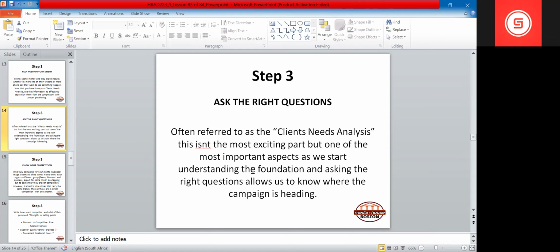So anyway, often referred to as the client's needs analysis, it isn't the most exciting part, as I said before, but the most important aspects are that we start understanding the foundation and asking the right questions that'll allow us to head forward, right?